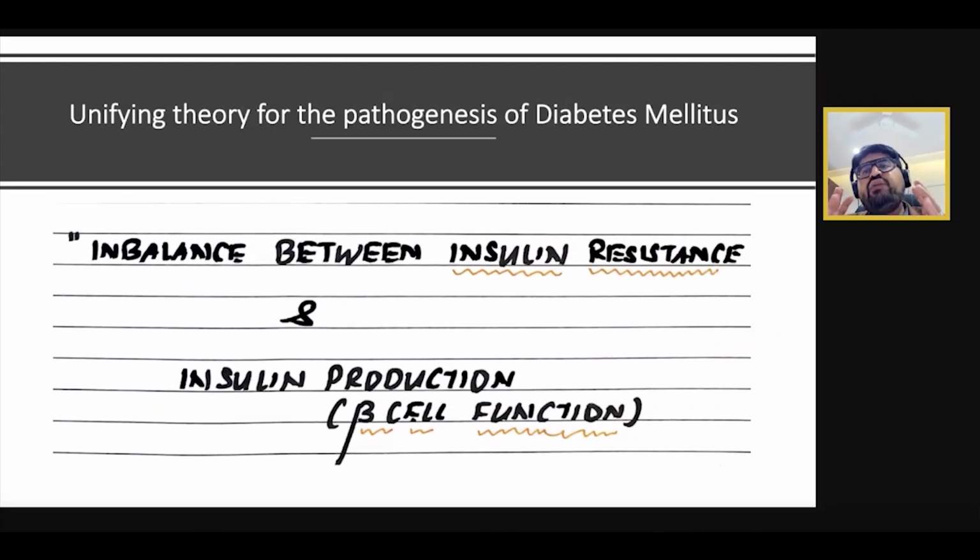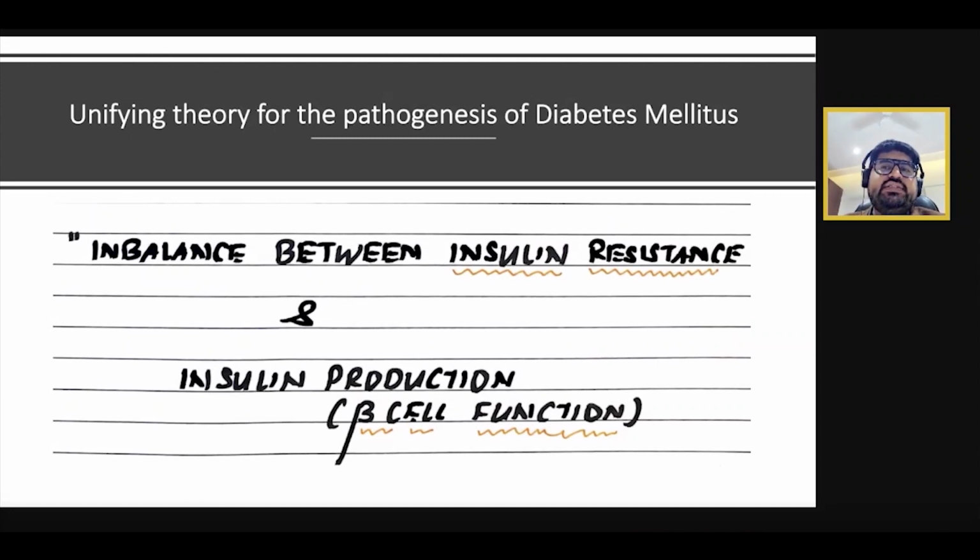So, if in one line you ask me, what is the unifying theory for pathogenesis of diabetes mellitus? It's very, very simple. Diabetes mellitus is an imbalance between insulin resistance and insulin production, that is beta cell function. To understand this is very simple. We all know why this is very true. It's because this holds true for every other endocrine disease that we see.